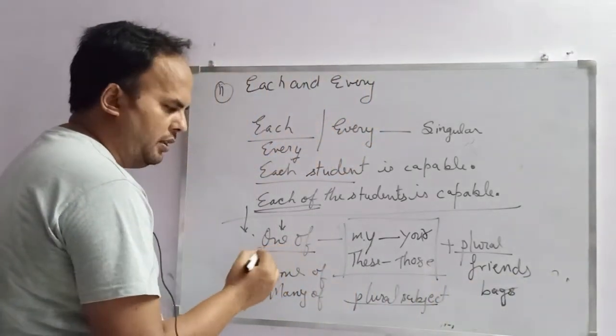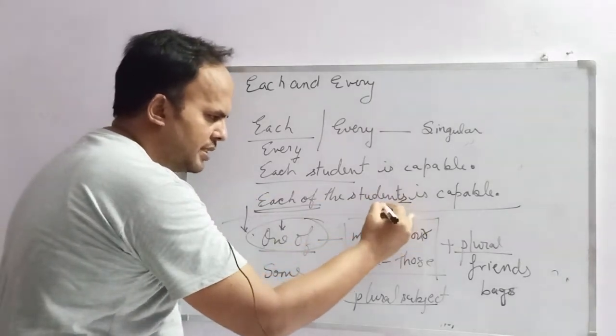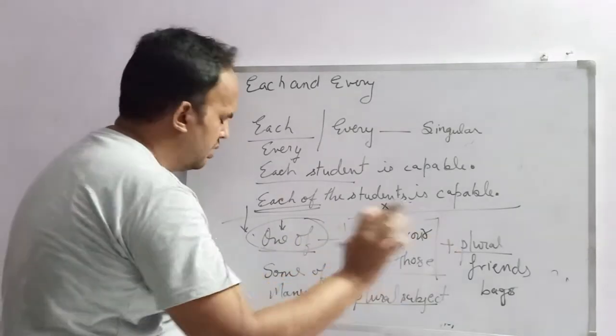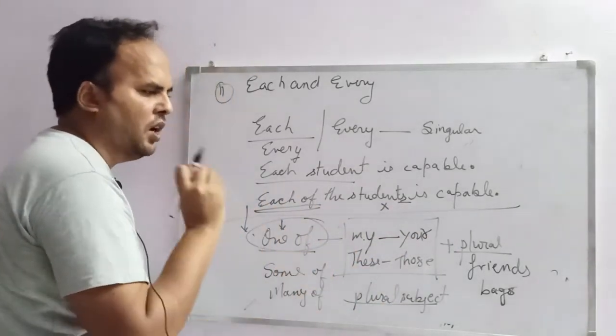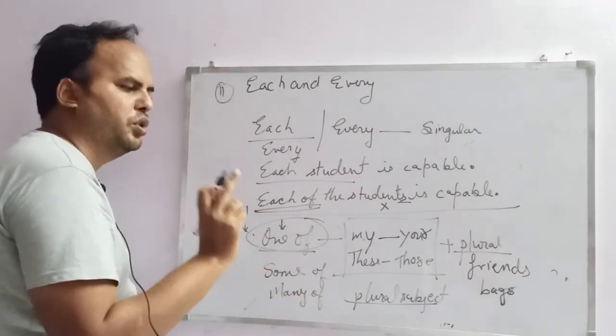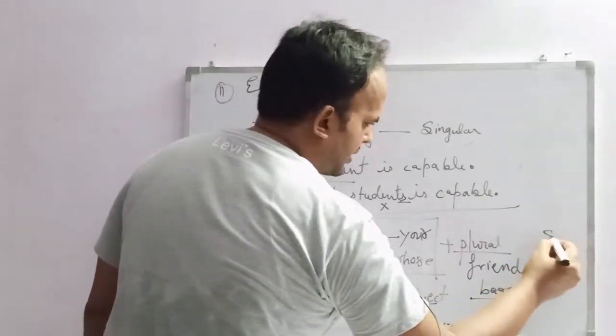If you are using one of, each of, never singular, always plural. One of my friend, no, that is a wrong word. One of my friends, one of your friends, one of these bags, one of those bags will contain a singular verb.